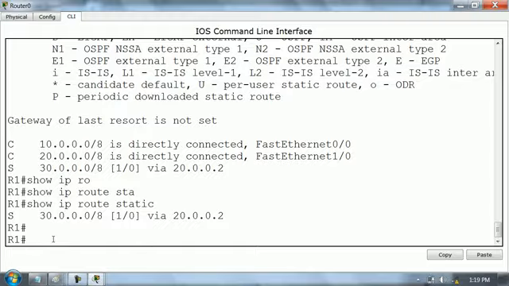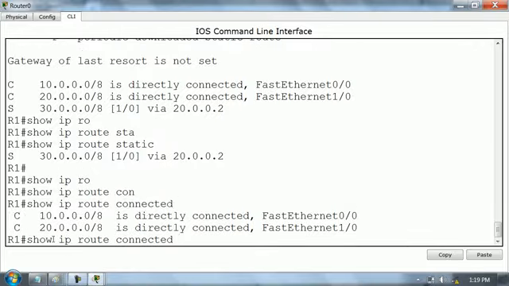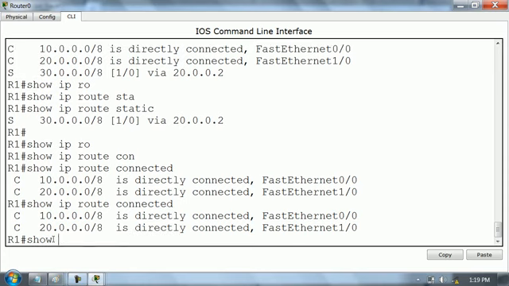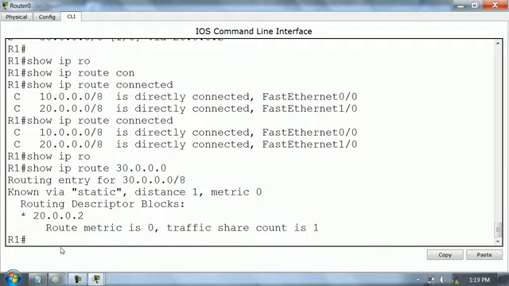If you want to check only connected routes on the router, you can run the command show IP route connected. Now I want to check full route information of 30's network. Distance is 1 because it is a static route. AD for static routing is 1. Metric is still 0. Next hop is 20.0.0.2. Agree?